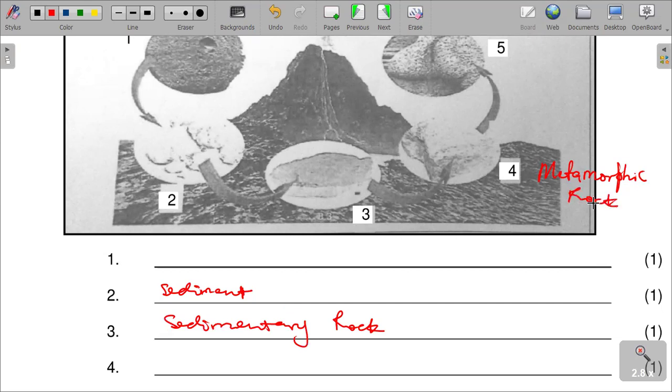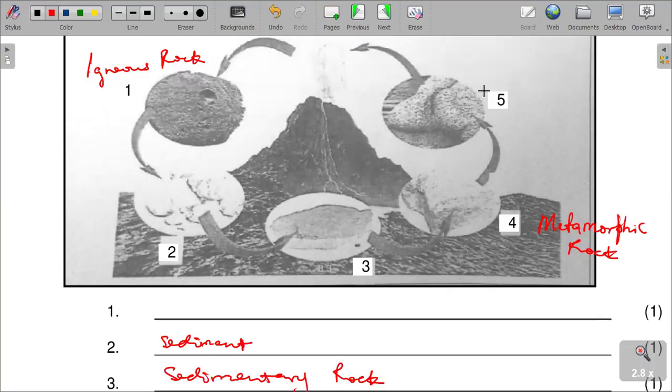And then 5 can represent the magma, and maybe it can also be lava.